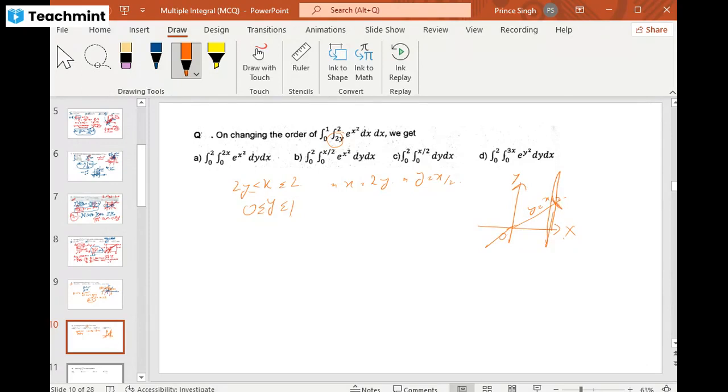So at what point do they intersect? Because x equal to 2, the value of y is 1. So this is y equal to 0, and this is the line y equal to x by 2. What are the points of intersection? One is 0, 0.